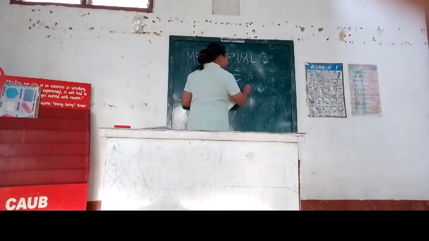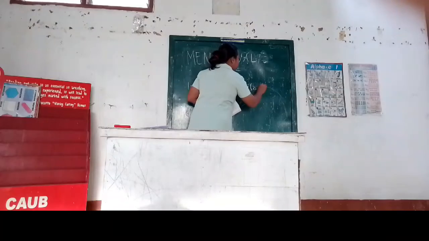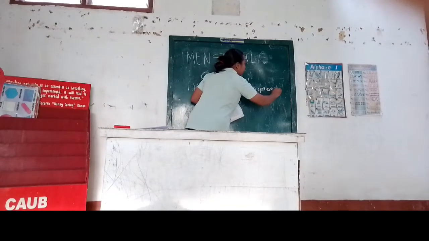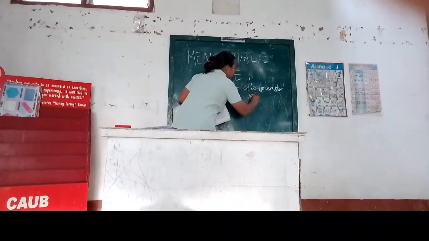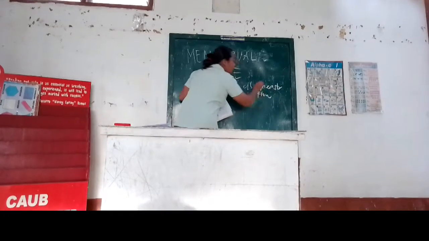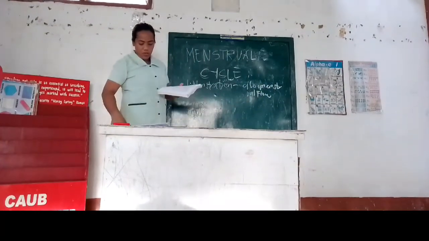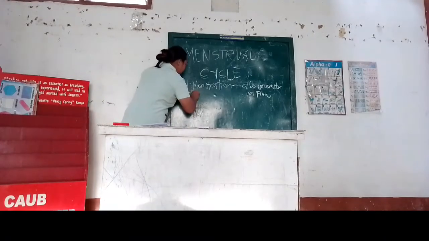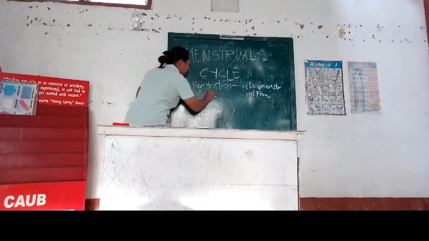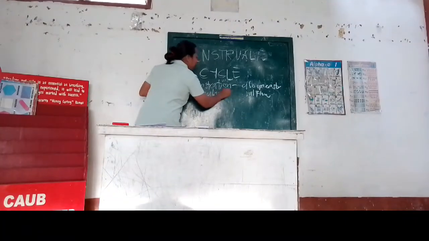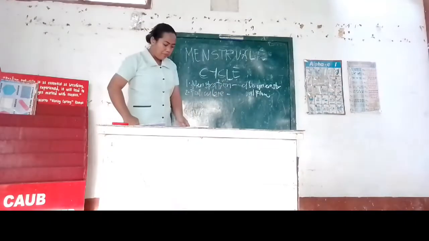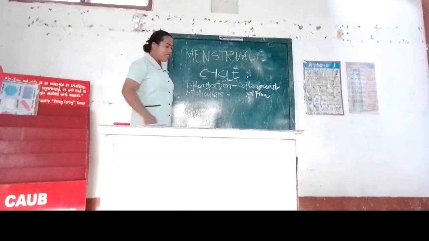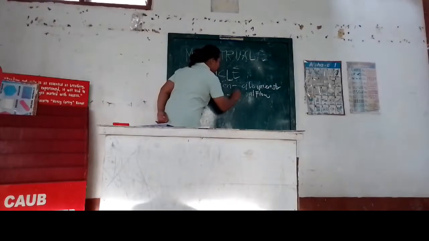Also called the menstrual flow. So the second one is phase 2. This is called the follicular phase. The follicular phase is the building of the lining of the uterus.